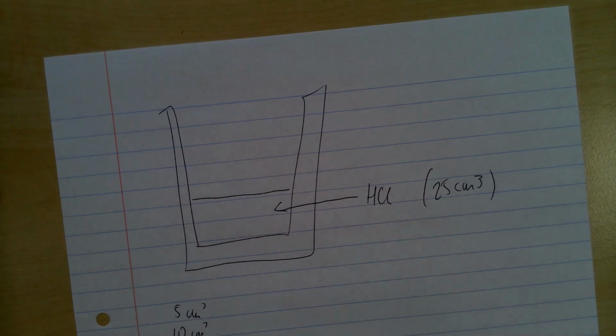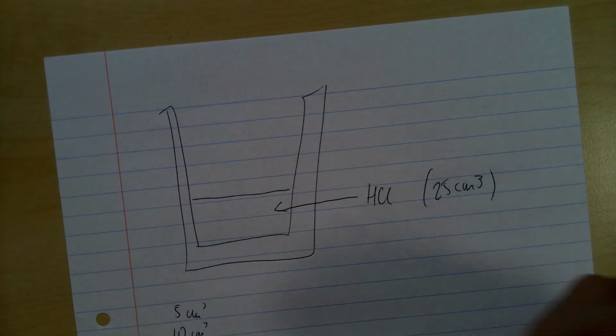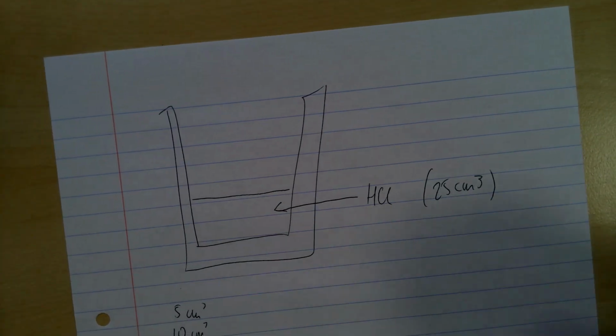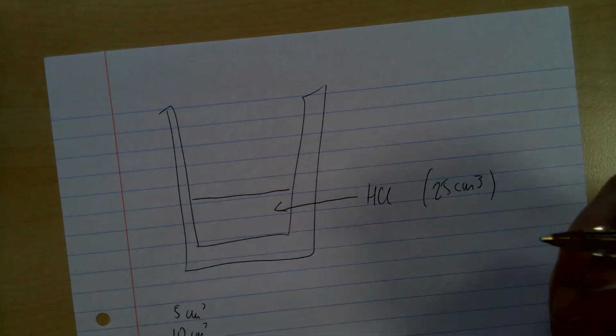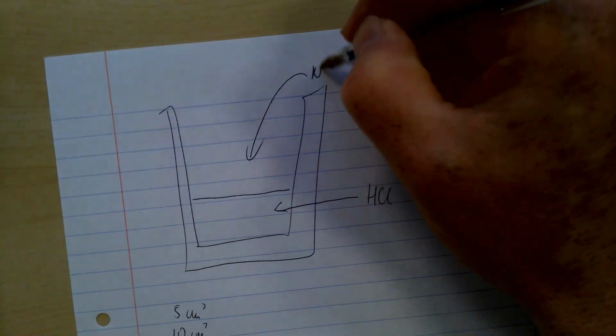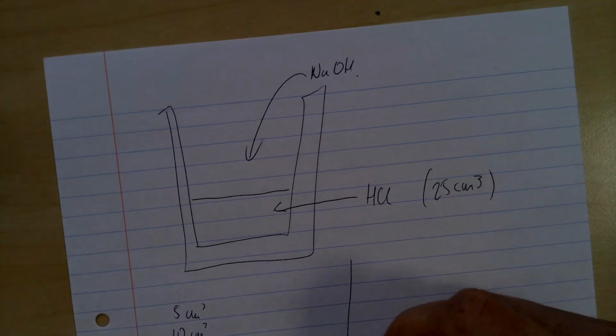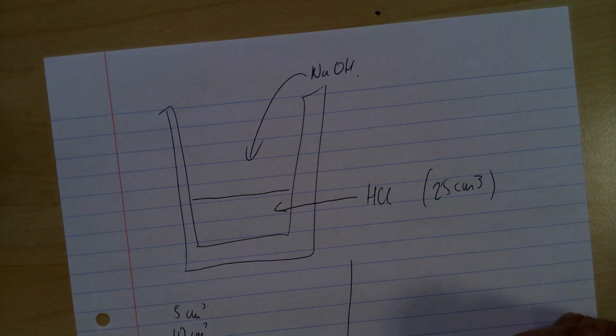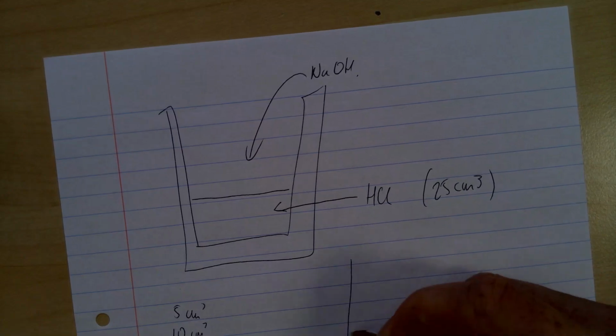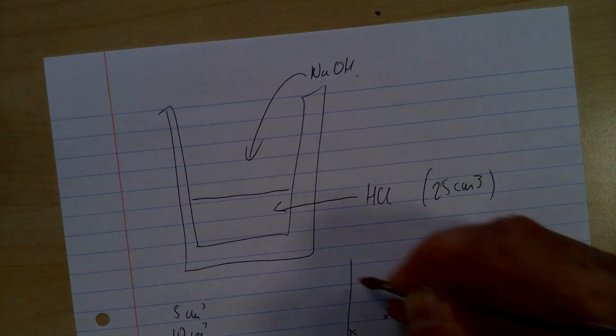And what you end up with is eventually adding enough sodium hydroxide to neutralize all of the acid. Every time you add a bit of sodium hydroxide, neutralization takes place. Neutralization is exothermic and the temperature goes up. And what you would therefore see is a graph that if you've got volume of sodium hydroxide, you'd see the temperature climbing.